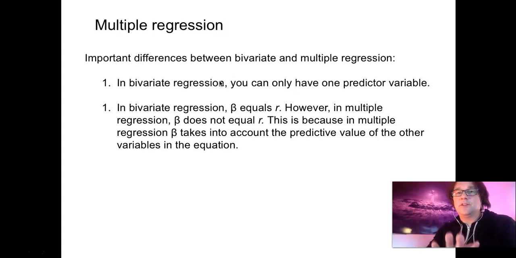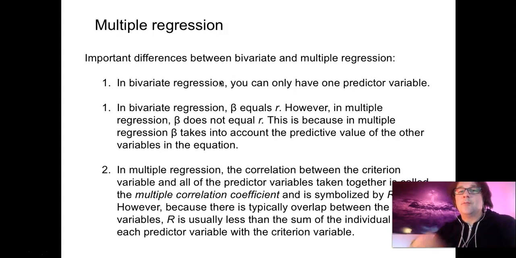But it's something that we have to take into consideration, is that once you start adding more than one predictor, those standardized coefficients, those beta weights, don't necessarily equal R anymore. Okay, we can kind of interpret them as such, but they're not going to be exactly the same as if you just used one predictor in there.